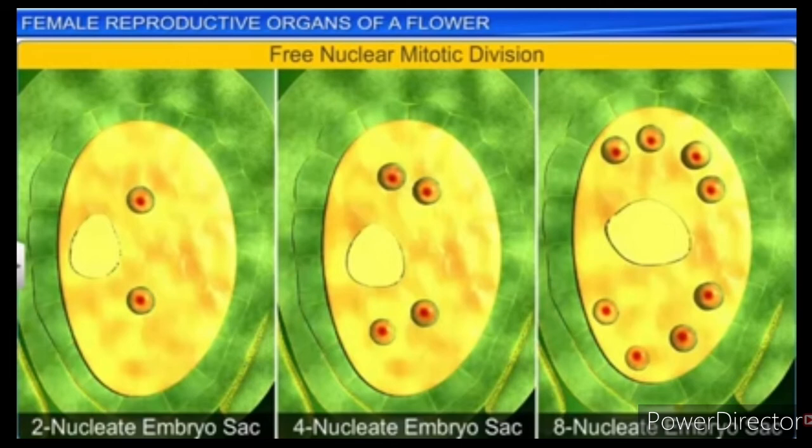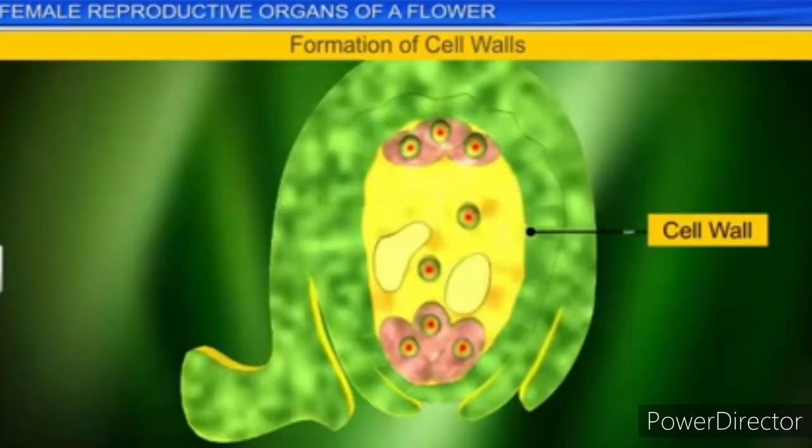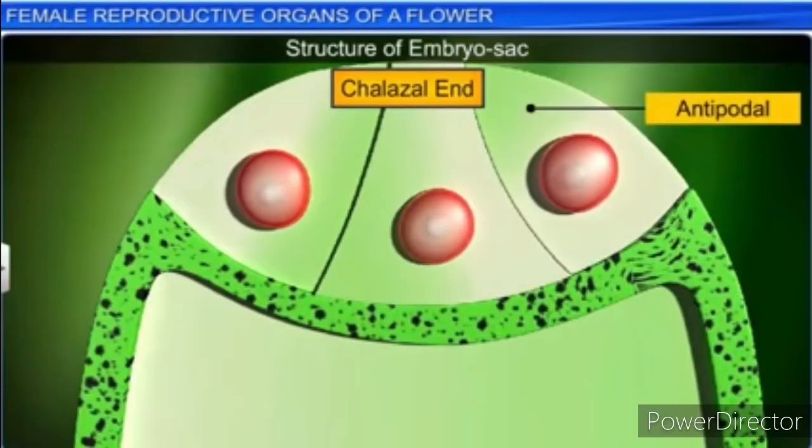Now 4 nuclei are present on both sides. Now we will see the arrangement. 3 nuclei at the chalazal end are surrounded by a cell wall and organized to form 3 antipodal cells.